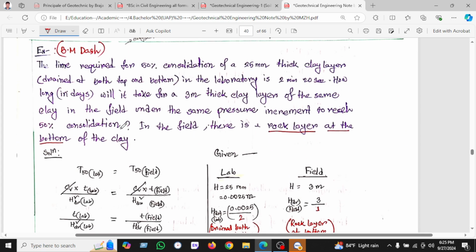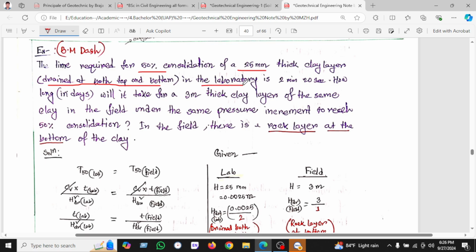This is maybe the last example we will see. So let's start. The time required for 50% consolidation of a 25 millimeter thick clay layer with drainage at both top and bottom, so this will be divided by 2, because both are drainage.